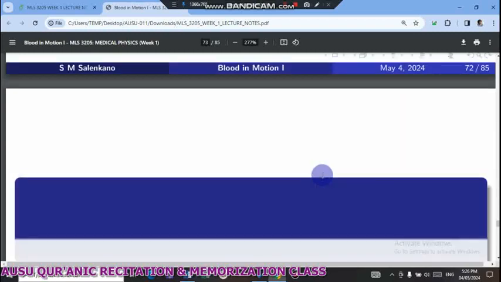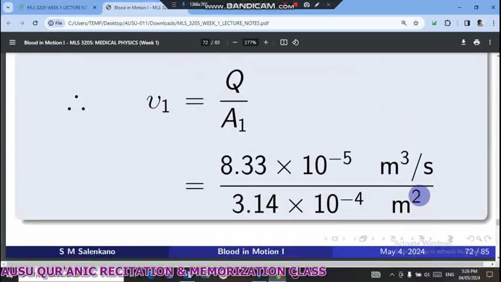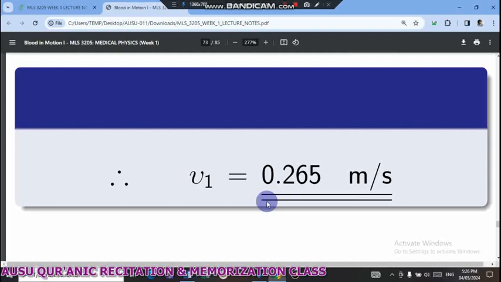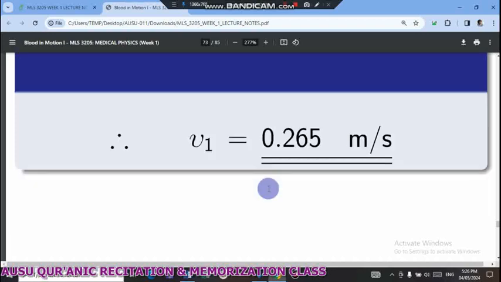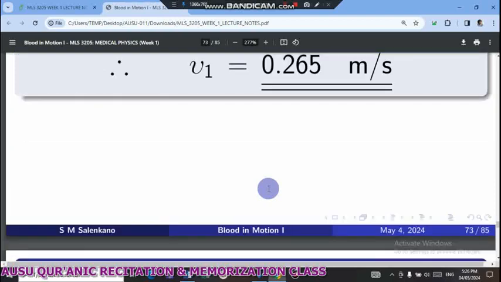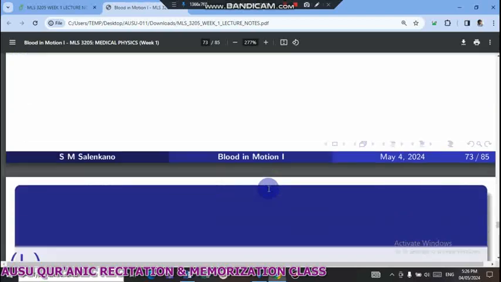And then how do I deduce my velocity? This m squared will cancel 2m here, remain 1m, so I have meter per second. You see the velocity in the aorta is just 0.265 meters per second, which is 26.5 centimeters per second.